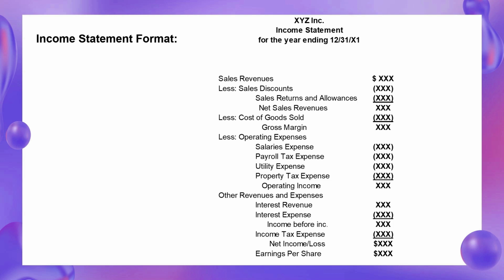But anyways, most businesses will distinguish separately the amount of income tax expense. If we take the income before income tax and deduct the income tax expense, I guess we would finally end up with net income or loss. Again, according to generally accepted accounting principles, after we have our net income and loss, it's also necessary that we reflect that net income or loss in terms of earnings per share.